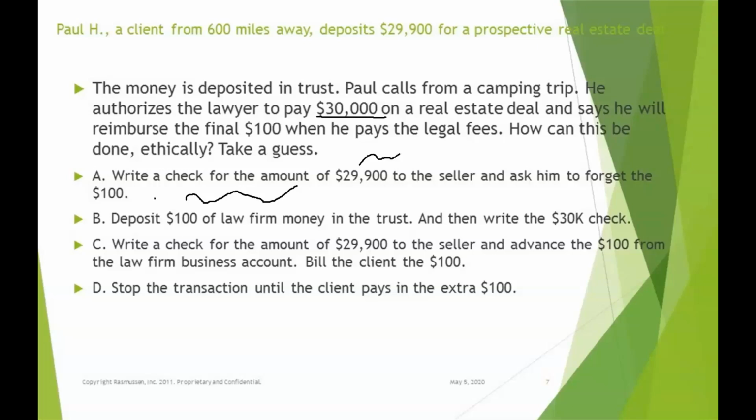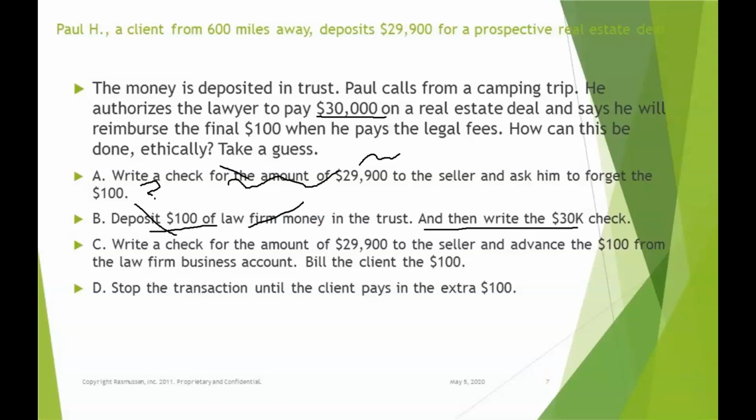B is kind of on the line: deposit $100 of law firm money and then write the $30,000 check. I don't agree with this just because law firm money should not go into the trust. So I don't agree with B either. And then it leaves C and D. Stop the transaction until the client pays in the extra 100.